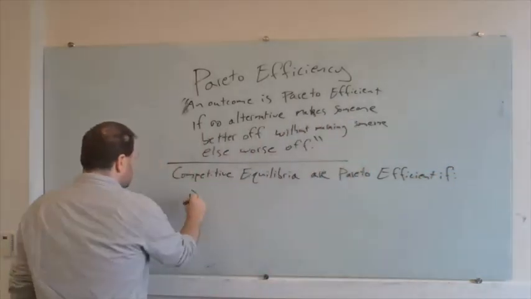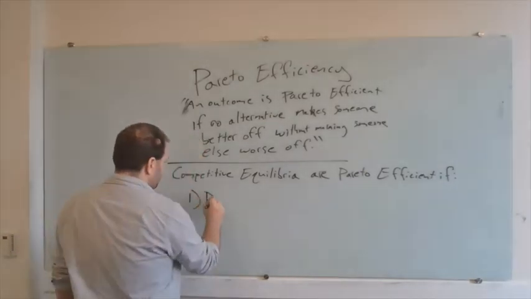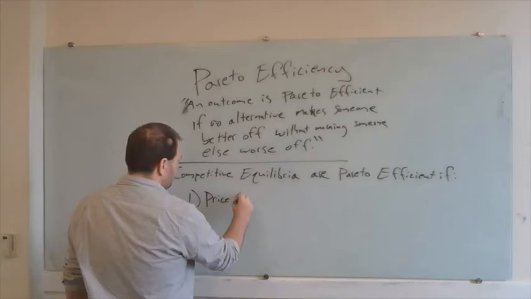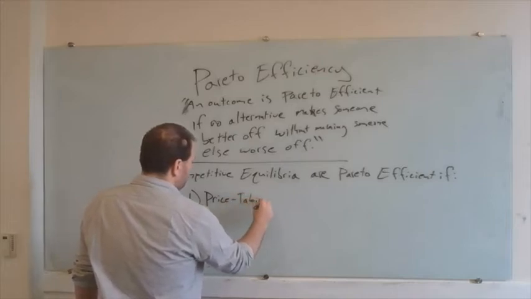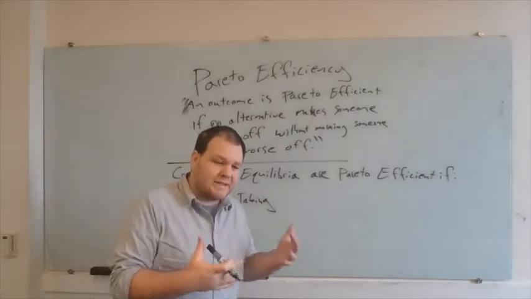So first of all, we need price taking, which is essentially to say that no individual can have any effect on the price of goods.